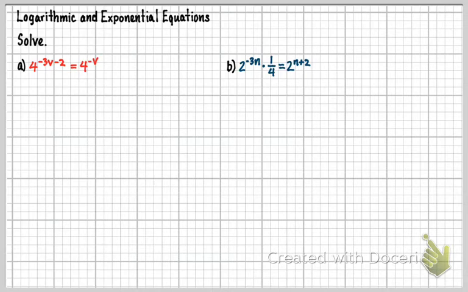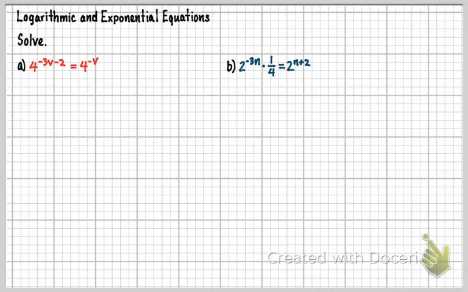So this first problem, number A here, says 4 to the negative 3v minus 2 equals 4 to the negative v. So when I see this problem, right away I see that the bases are already the same. So if this equation is going to be true, since the bases are the same and those are constants, that tells me the exponents will have to be equal.